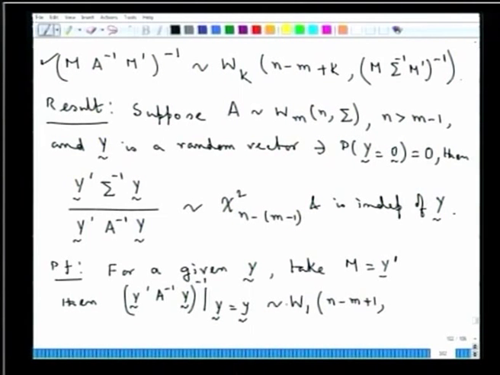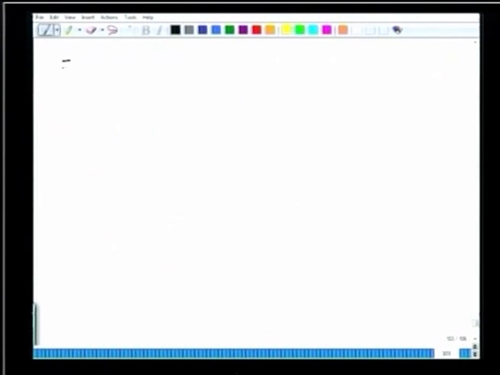That's going to be equal to y transpose sigma inverse y, then this whole inverse. So this result is used in order to get to this particular form here. Now we have already seen what happens to a Wishart distribution on 1 degrees of freedom.